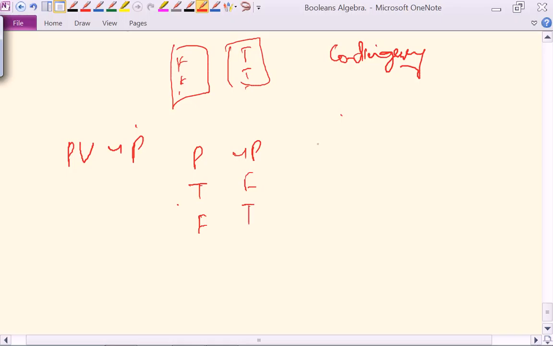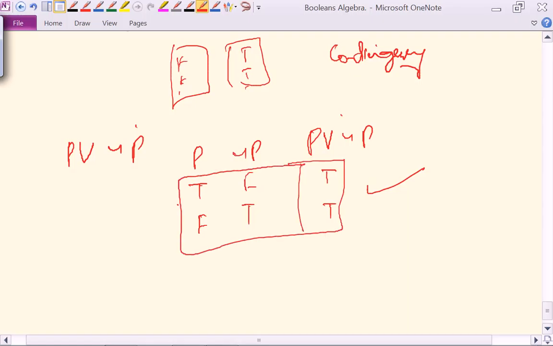And if we do P or negation of P, that is true and true. So this is a tautology because the last column is all true. Similarly, if anything comes in, you just make a truth table and see what is in the last column. If the last column is all true, it is a tautology. If it isn't, it is not. Similarly, if it is all false, it is a contradiction. Otherwise, it is a contingency.